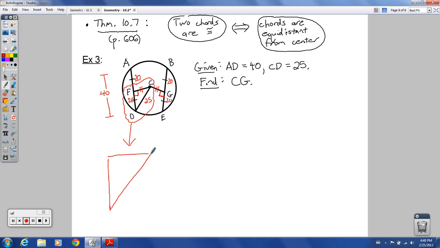Okay, that's a right angle right there. This is F, this is C, and this is D. So I just expanded that picture a little bit. What I had up here, FD and C, this is 25 and this is 20 in that picture. How can I solve for that side right there, for CF?